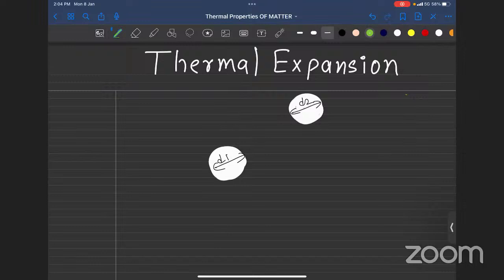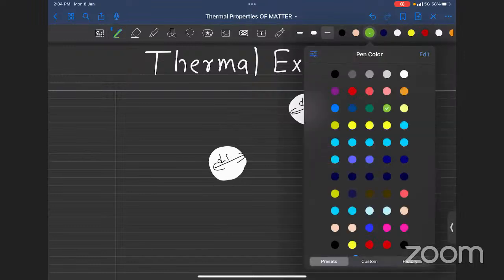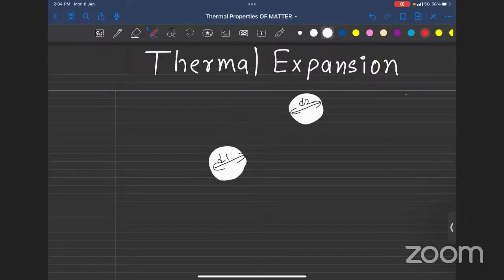So you can assume that this complete structure is in some metal sheet. So this is your metal sheet, and here is your structure.